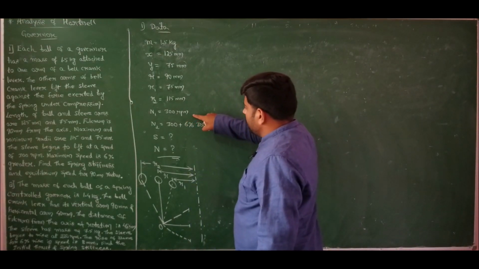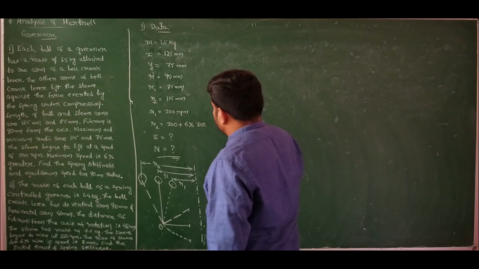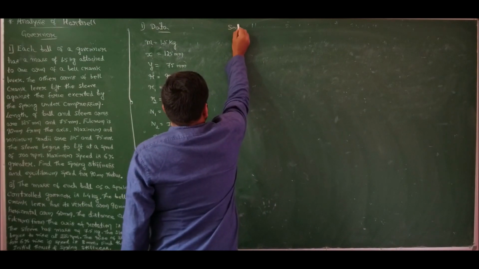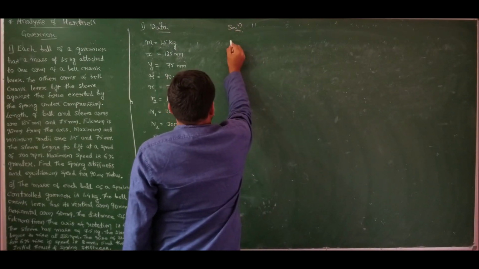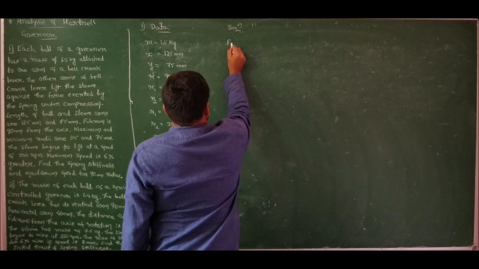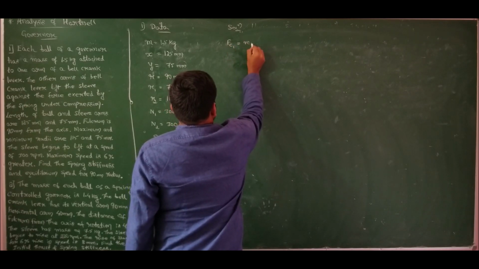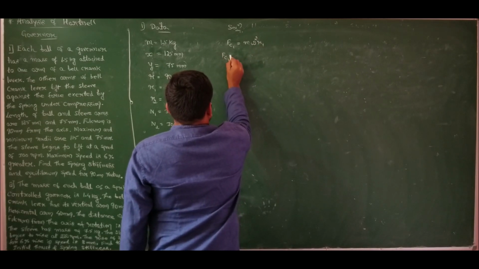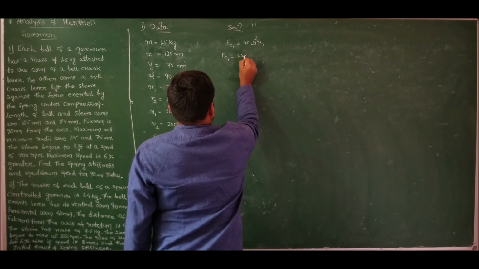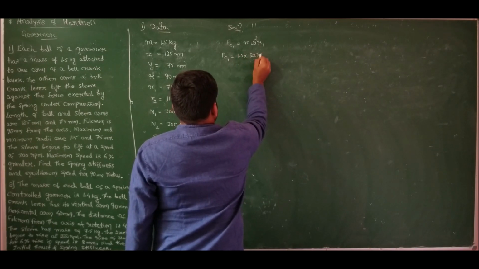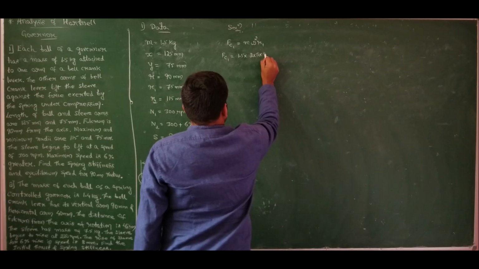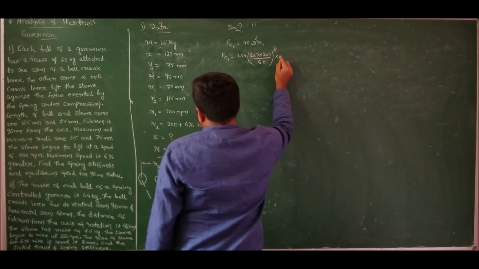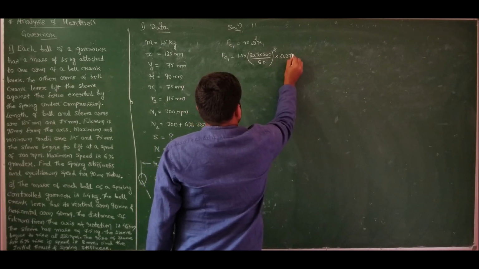I know the value of N1 and N2, so I can find the values of FC1 and FC2. Since we know N1, N2, R1 and R2, the centrifugal force FC1 is m omega square R1. So FC1 will be 1.5 into 2 pi N1 by 60, whole square, into radius R1, which is 0.075.